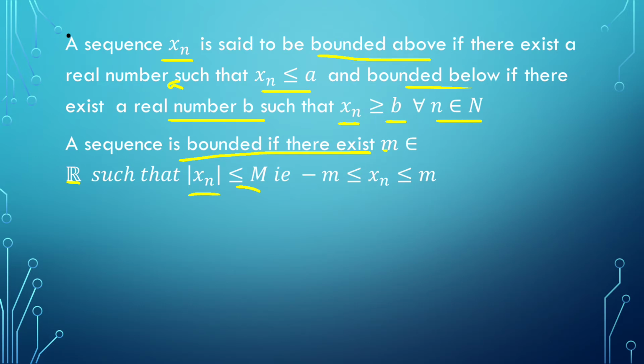It means that it lies between the negative of M and the positive of M. So the sequence is in between. If the sequence is in between those, then we say that particular sequence is bounded, because it's bounded above and also bounded below.